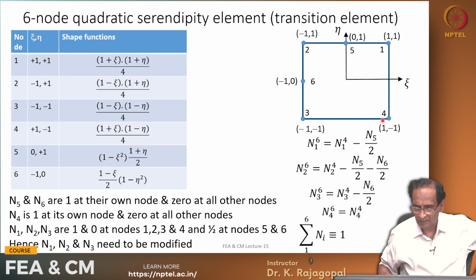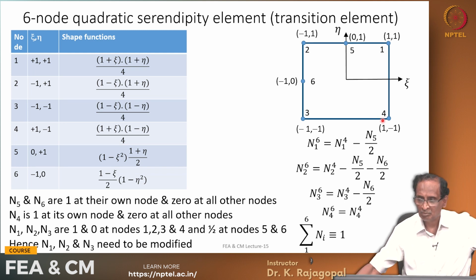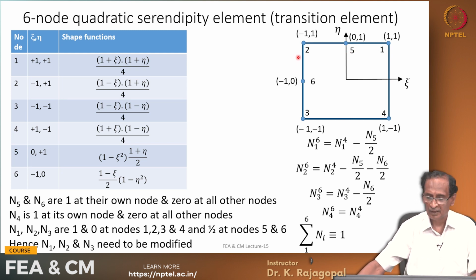So, the N4 does not require any correction, and N1 requires a correction because of node 5, whereas N2 requires a correction for node 5 and node 6, and N3 requires a correction for node 6.